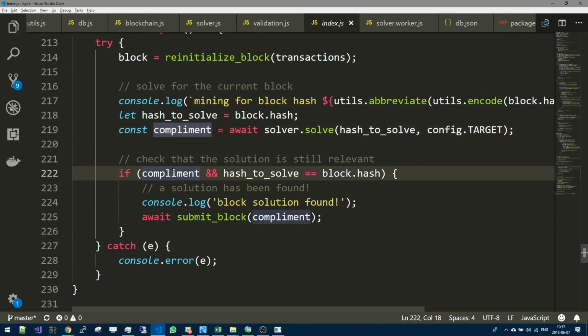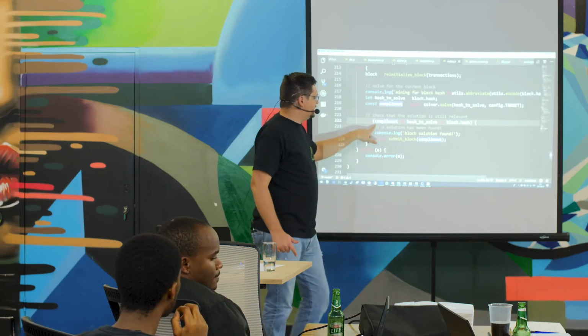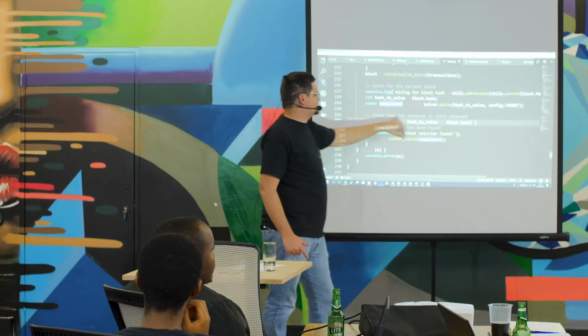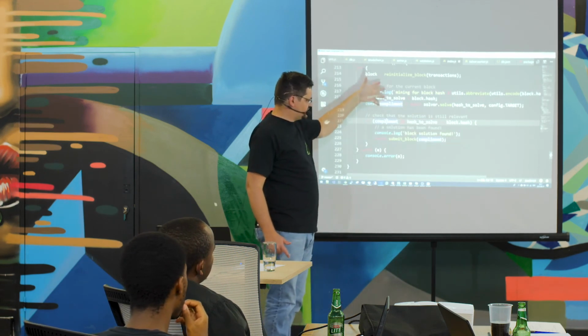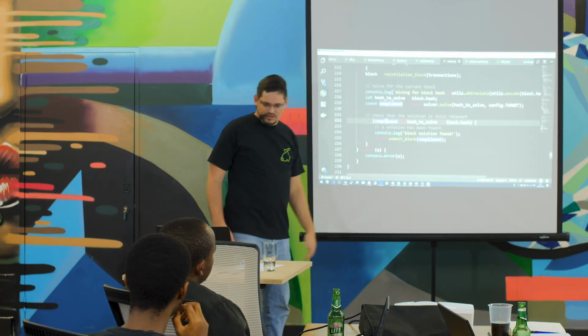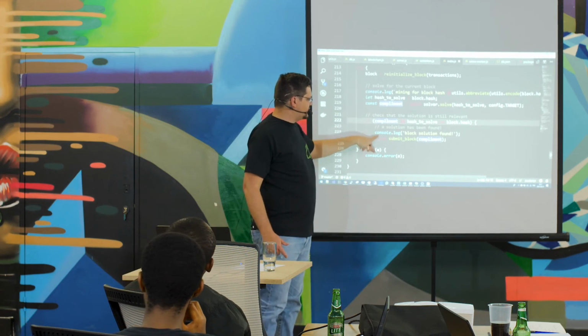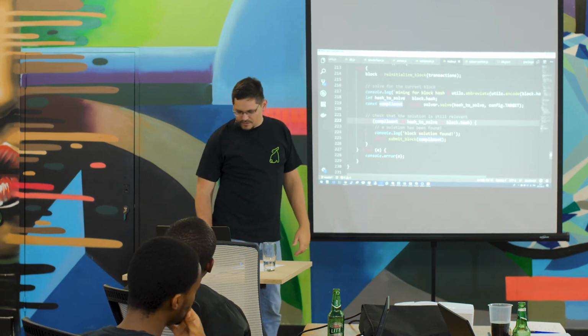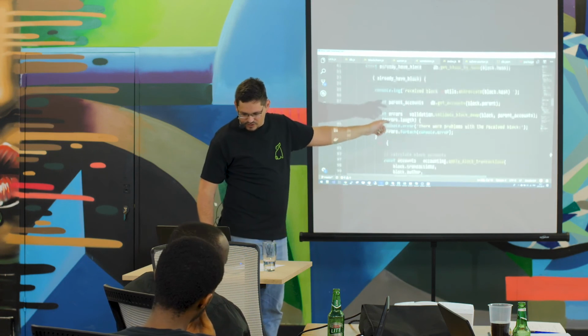That's a capture. It's captured that value, and it will check that the solution is still relevant to when this specific function was called. Only the one where it was valid will be good. Okay, so that's the one thing that can happen: a new transaction.